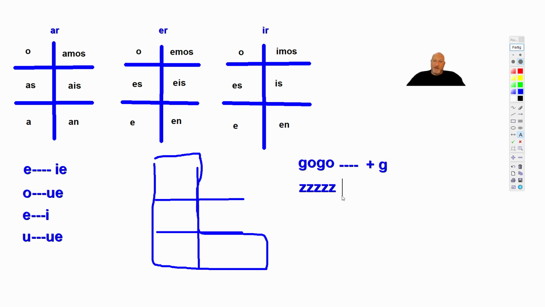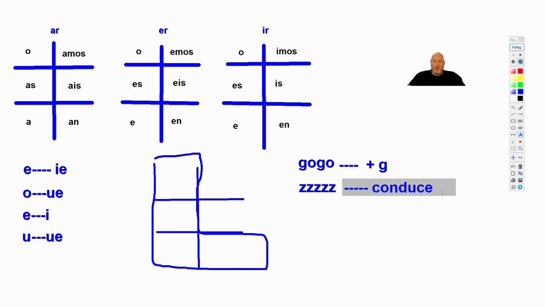So I add an extra G. And Z verbs. In this case, all of them are verbs that, again, in the first person singular, yo, need a Z before a C. So, for example, the verb conducir. If you want to say I drive, you need to add an extra Z here and the normal ending. Conduzco, I drive. The rest of the forms of the verb, completely normal.